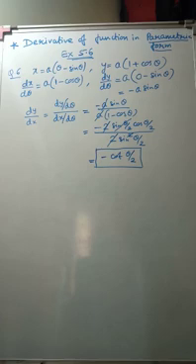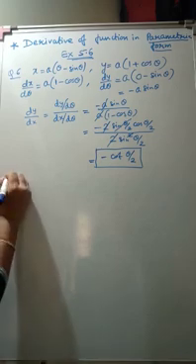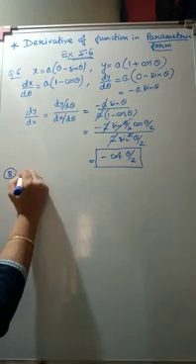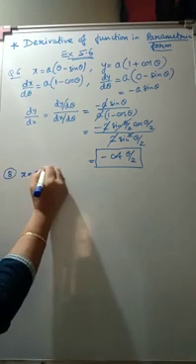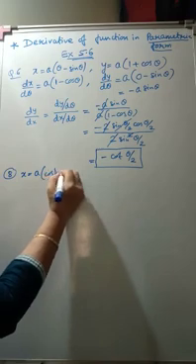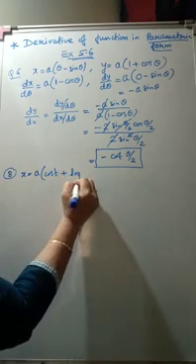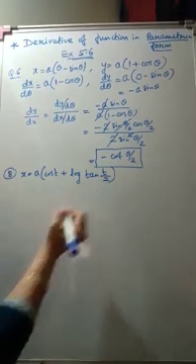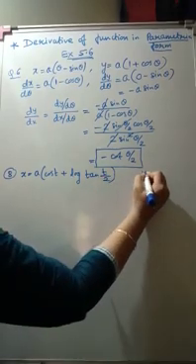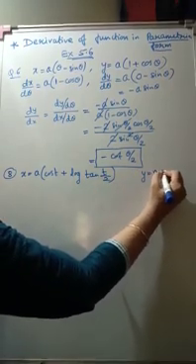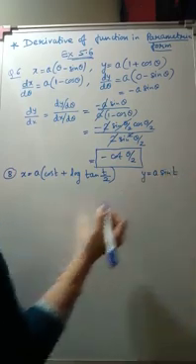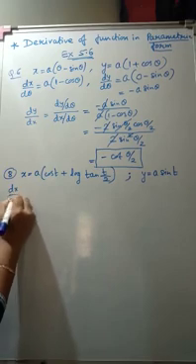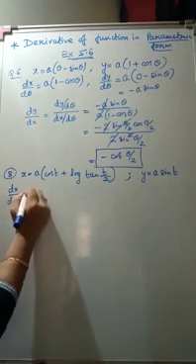Now next, question number 8. x equals a into cos t plus log tan t by 2, and y is equal to a sin t. dx by dt is equal to a.